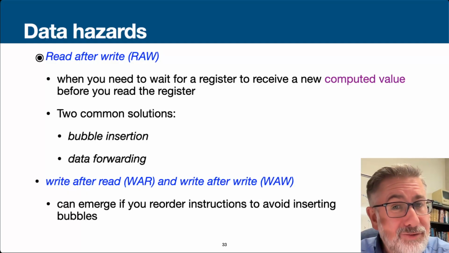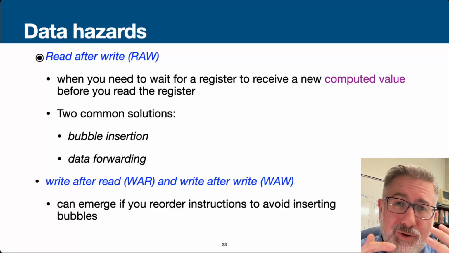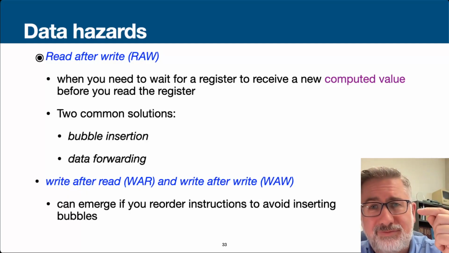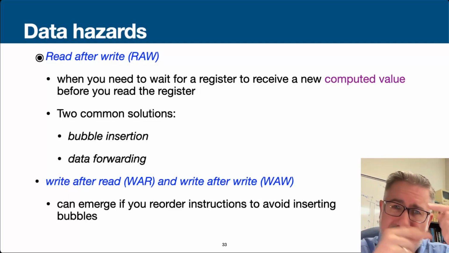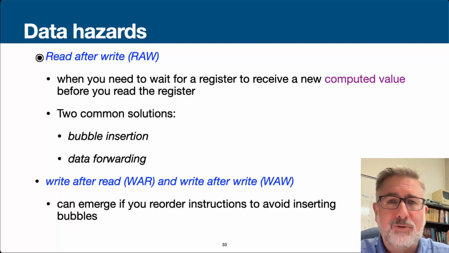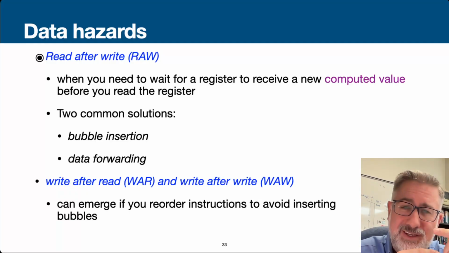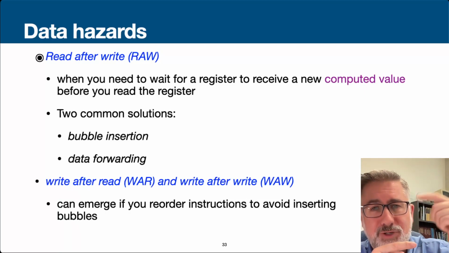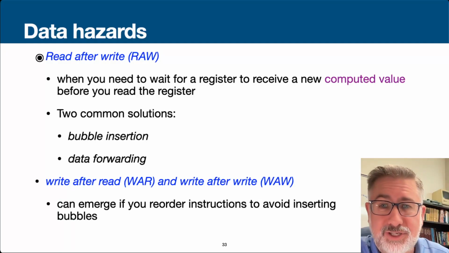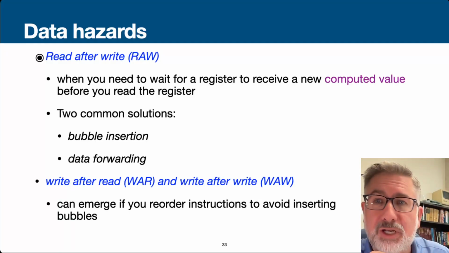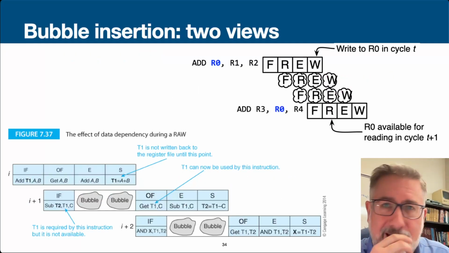But if we're not careful, executing out of order might cause us to write a value after we've written that value, and if we put them in the wrong order, then we get the wrong value, right? Or write a value after we've read it, even though we want to read the value that we should have written before. So there's a lot of circumstances where these other data hazards can appear, but for the most part, we're going to be looking at read after write hazards, right?